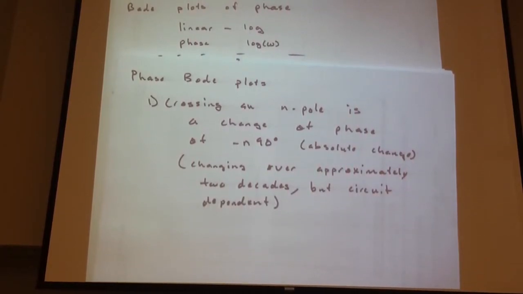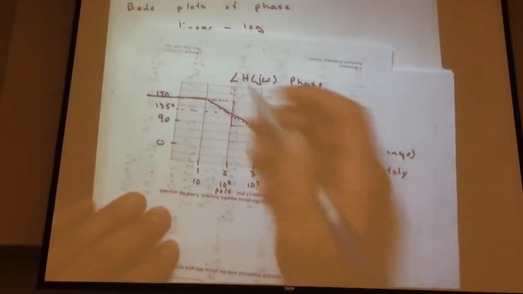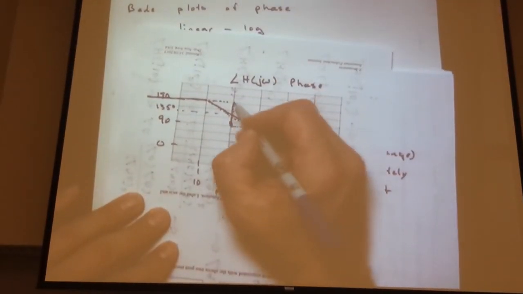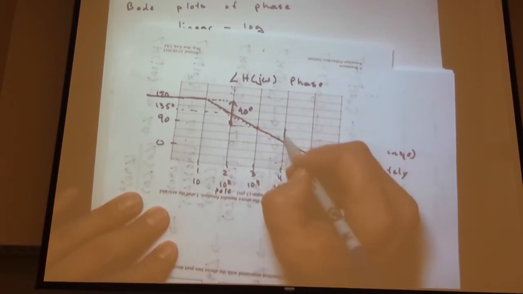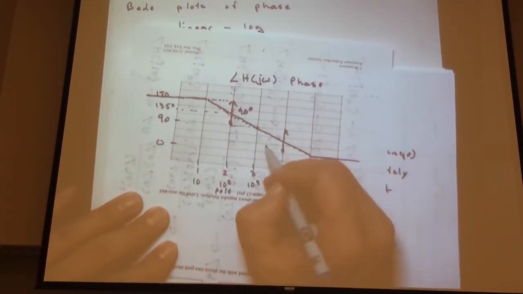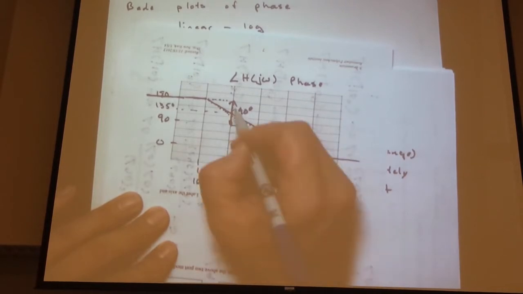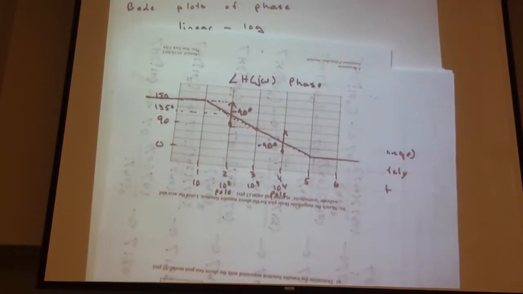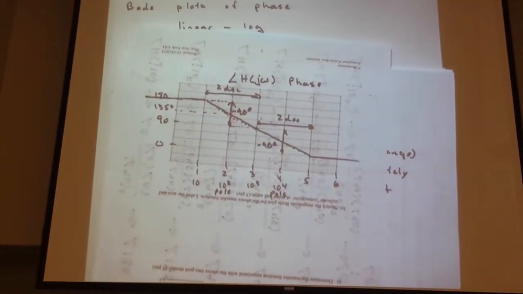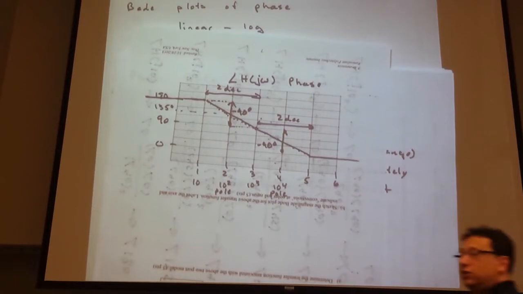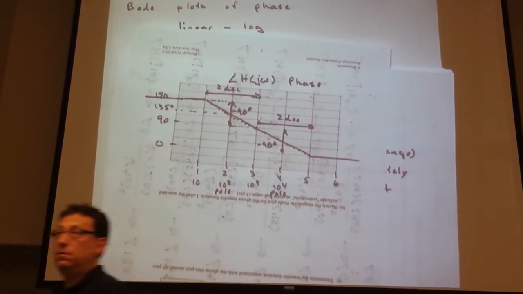We went a 90-degree change, and then again from here to here, also minus 90 degrees. There's our pole, and we did that over 2 decades. Beyond that, once we're away from the poles or zeros, the phase is constant.